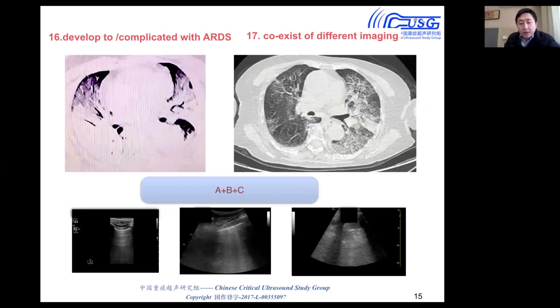We found A lines and B lines and consolidation. These signs give you a clear picture of what happened to the pathophysiology of the lung.